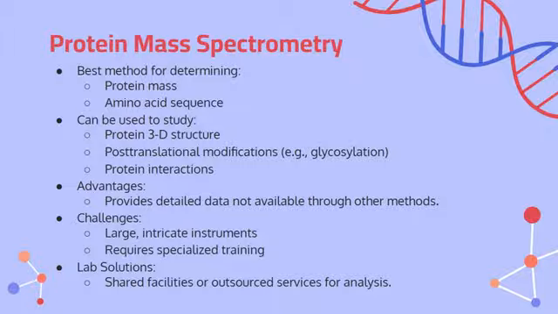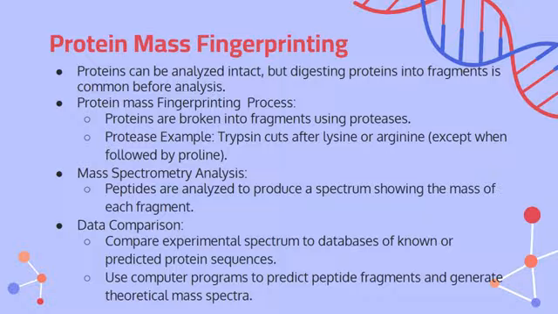So some lab solutions can be shared facilities or outsourced services for mass spectrometry analysis. Unfortunately, this is not a machine we have. I did get to use one in college, and it was pretty awesome. We can do chemical mass spectrometry too, and it is great if you have access to the machine.